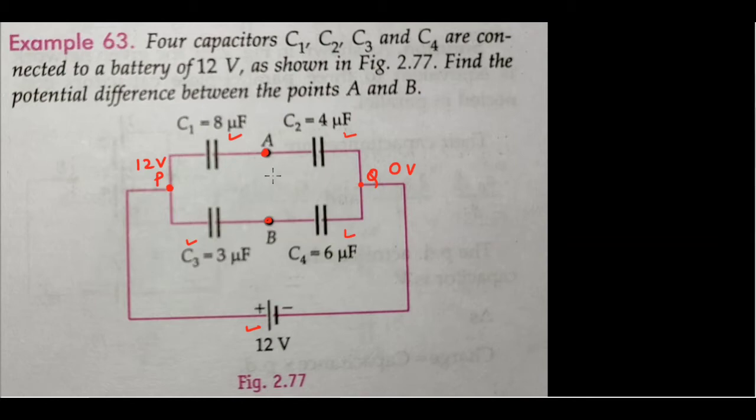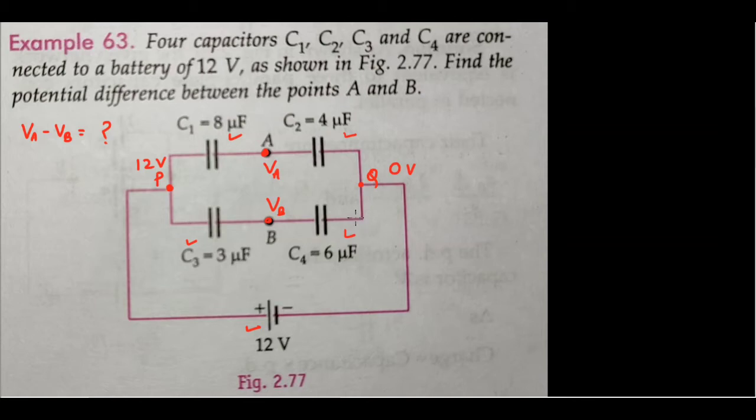And similarly, let us assume that VA is the potential of the point A and VB is the potential of the point B. So now we are going to find the value of VA minus VB, the potential difference between these 2 points. Here we will use the property of the combination of capacitors.